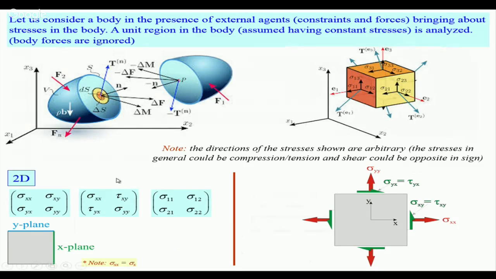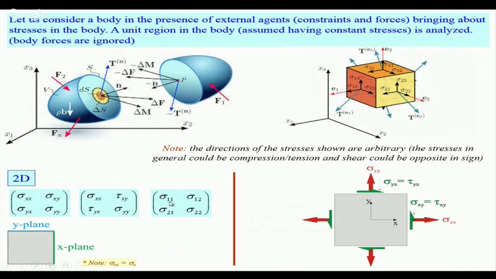What would the stress and the stress components at a point look like? In 2D, meaning plane, we have plane stresses. We have the normal stresses sigma xx, sigma yy, and shear stresses which are complementary in nature, but they are in-plane shear. There is no stress component out of plane, because this is a 2D case.